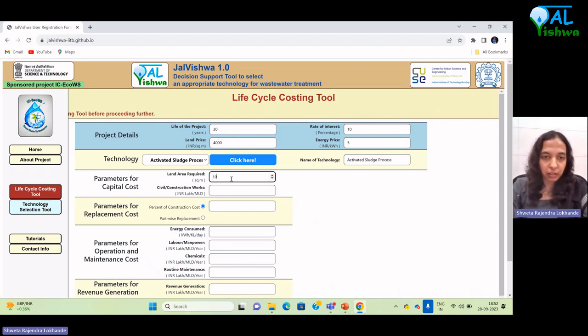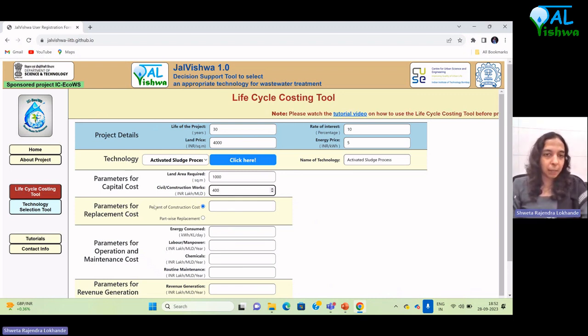area requirement is 1,000 meter square. Civil or construction works is 400 lakh. Now, since the life of the project is 30 years, the sewage treatment plant is bound to face some replacement costs.